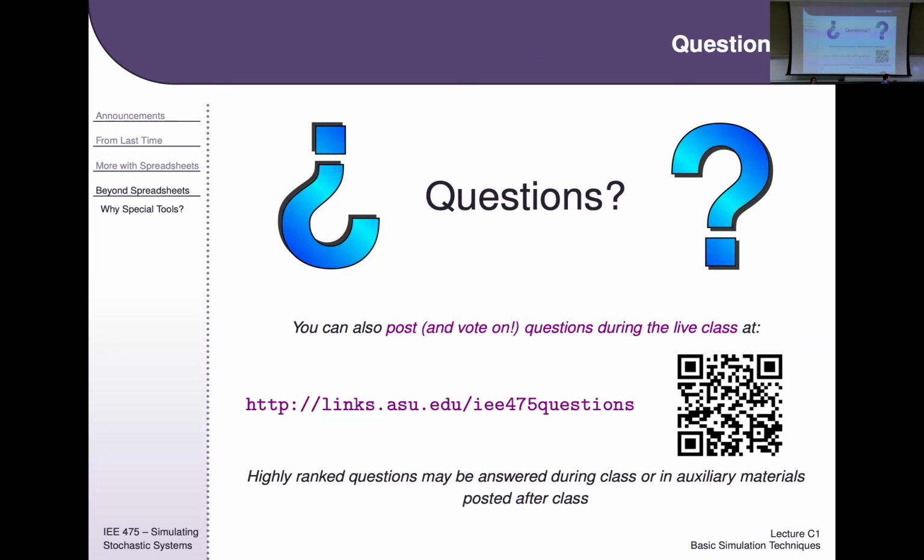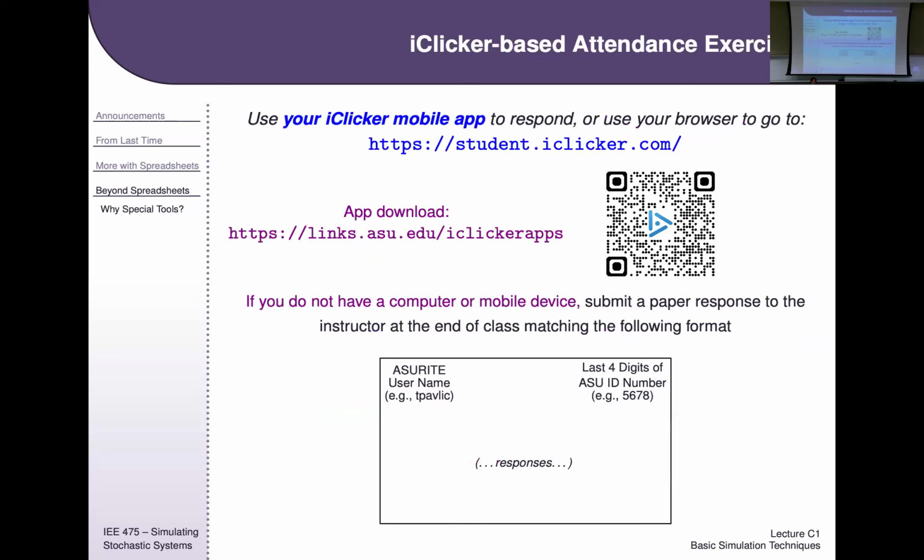All right, so if not, I know I had a bunch of opportunities for iClickers, but we'll just do the one here, and I'll do a short answer. All right, it should be open.